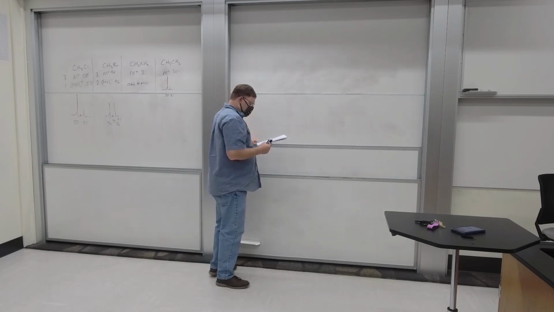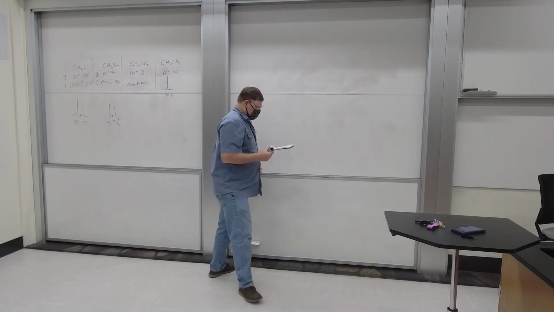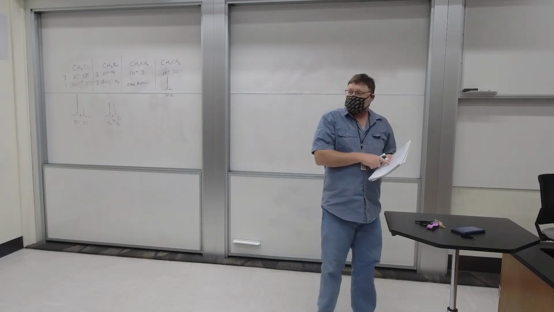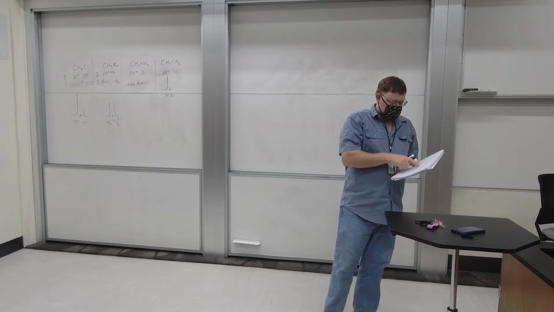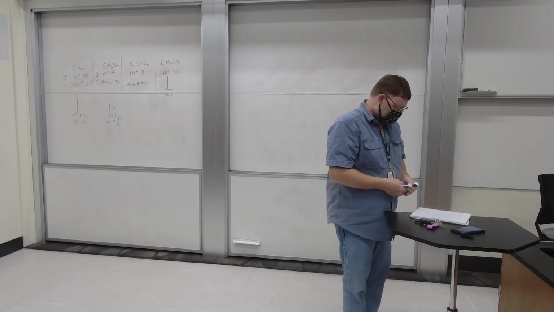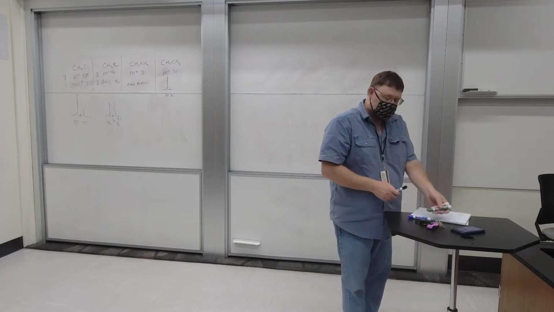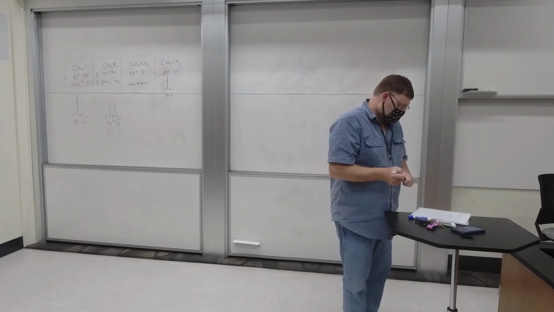So I gave you the molecule, and then did you have the table? We had the values, but then we had to identify the next three columns. Okay. But I mean, you had the spectrum.